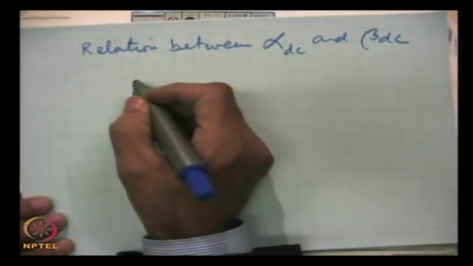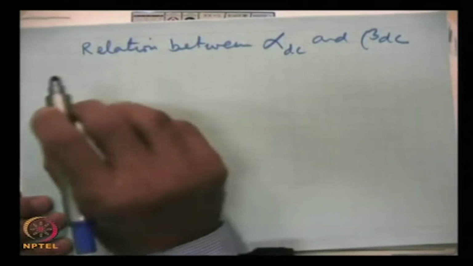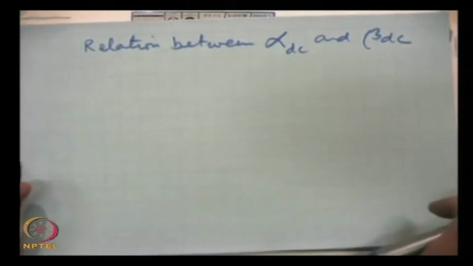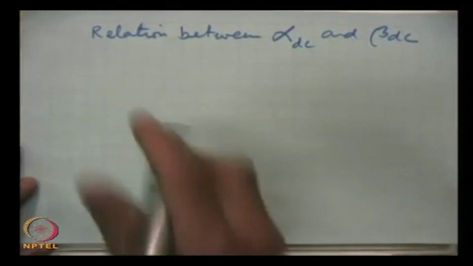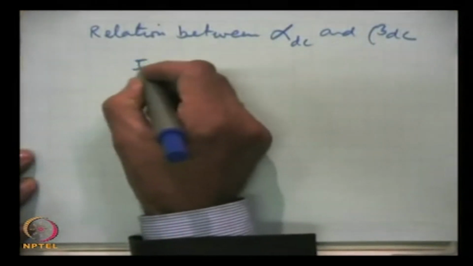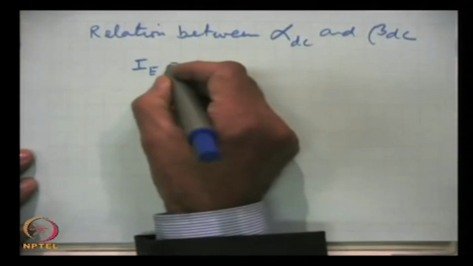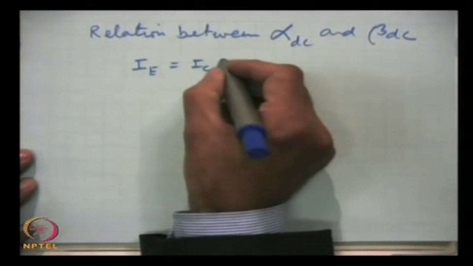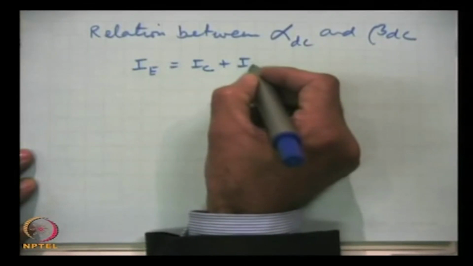The fundamental equation, that is how the three currents are related in a transistor, this we know, the fundamental relation is IE is equal to IC plus IB.